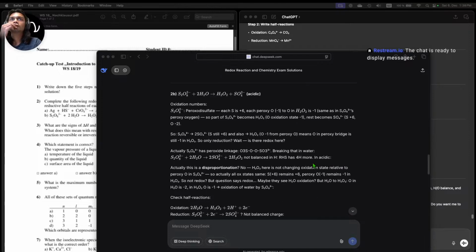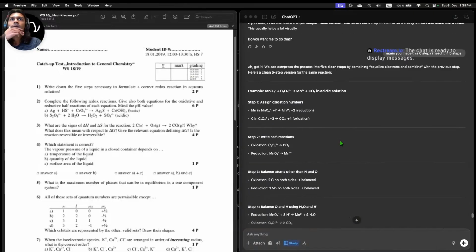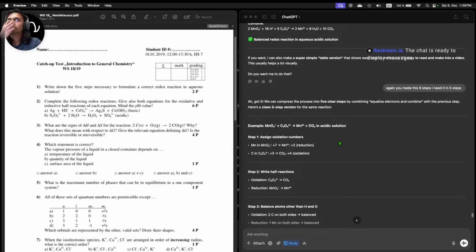Did you complete? We got to compress the process into 5 clear steps by combining equalized electrons with the previous step. Here's the clean 5-step version of the same reaction. So +7 to +2, +3 to +4.